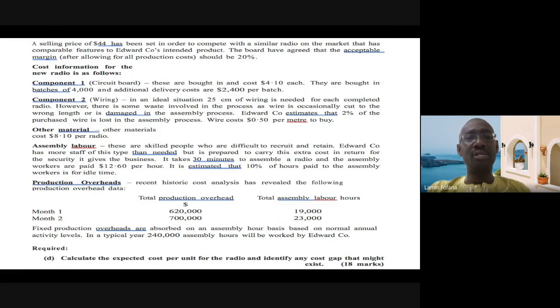But like I said, we must make sure quality is not compromised. These are some of the points you need to mention.